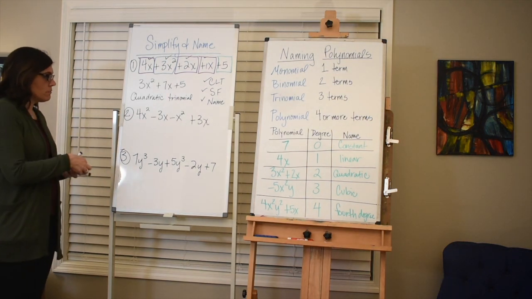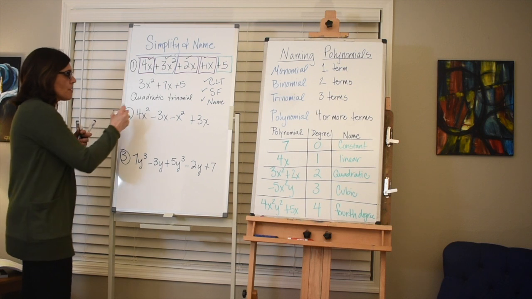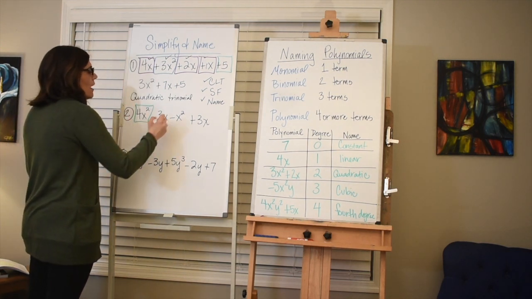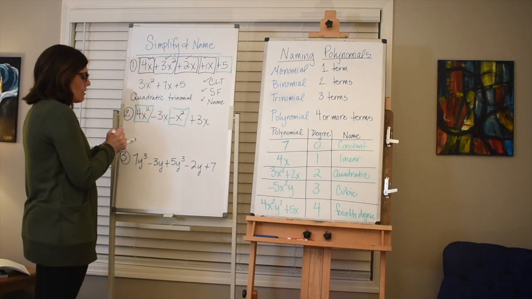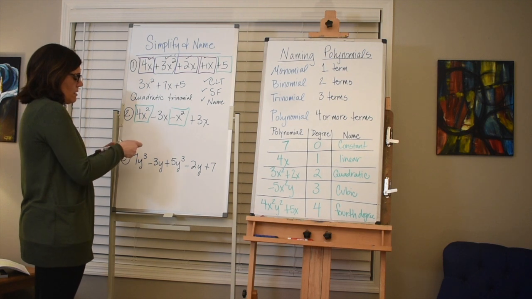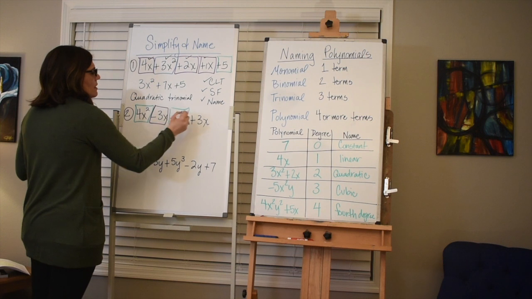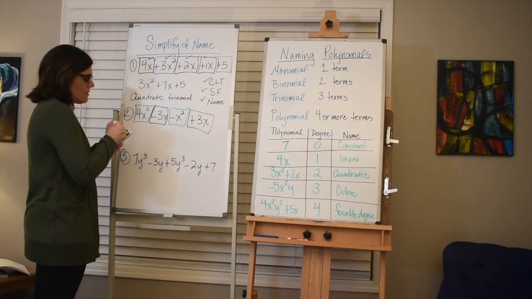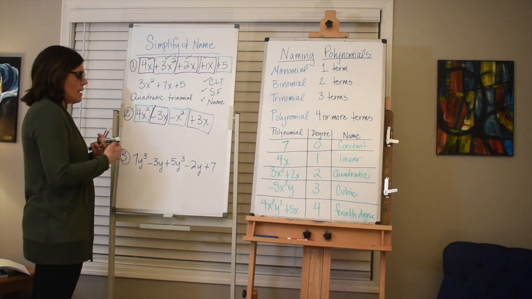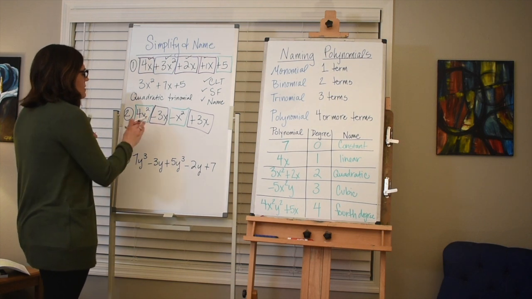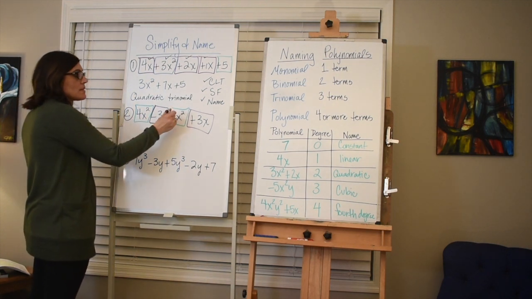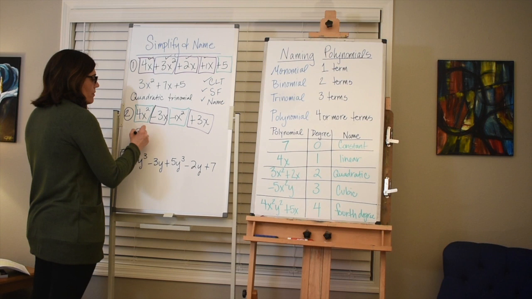So for number 2, I'm going to go ahead and box in my like terms. I've got 4x squared minus x squared. And I've got negative 3x plus 3x. And then I'm going to combine these. I have 4x squared minus 1x squared, which is 3x squared.